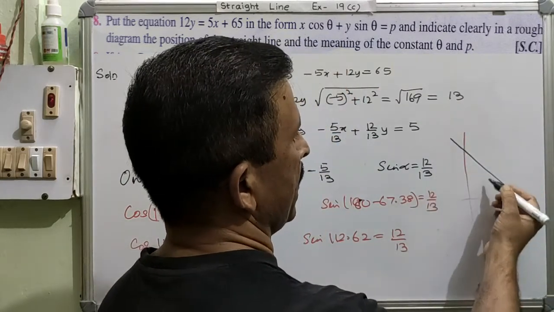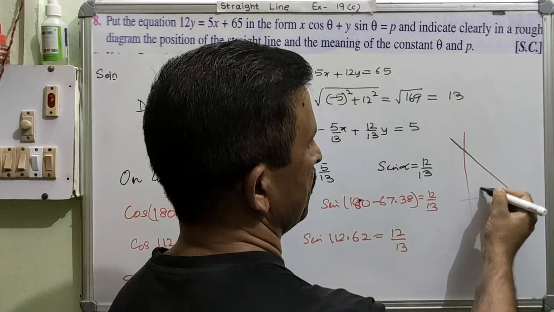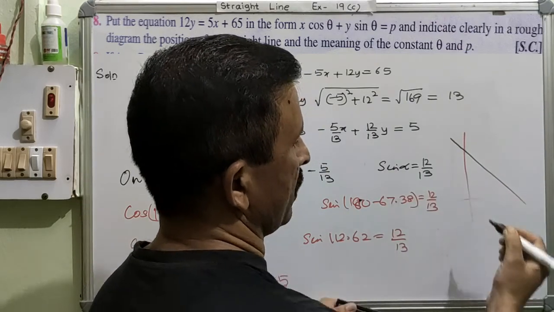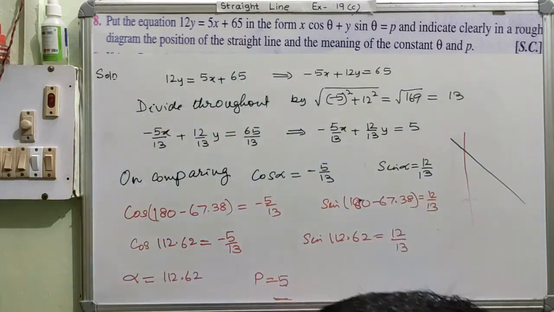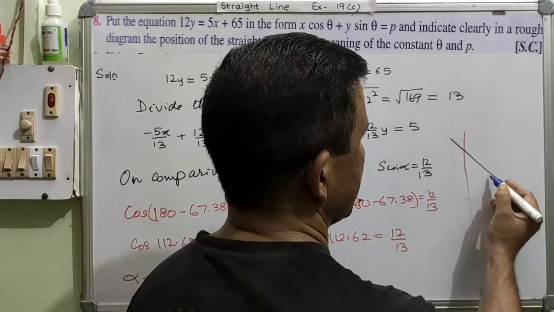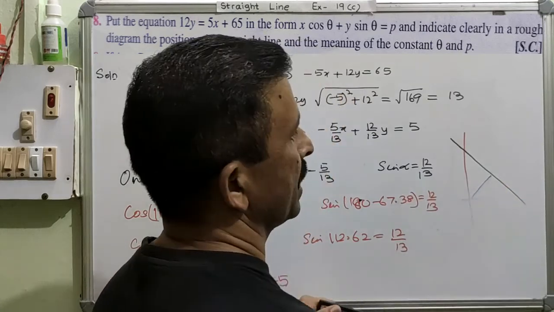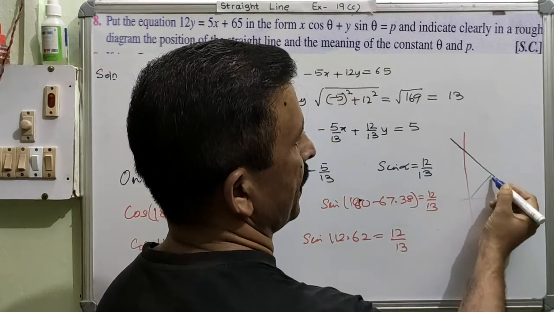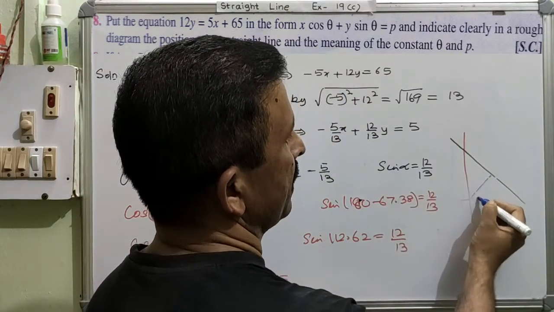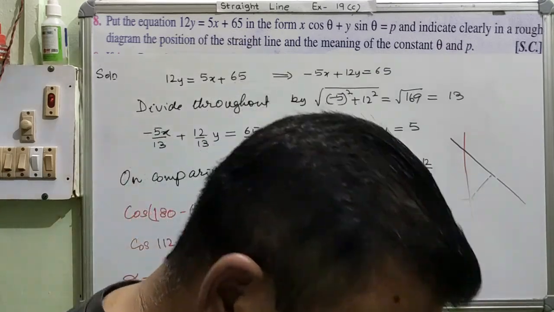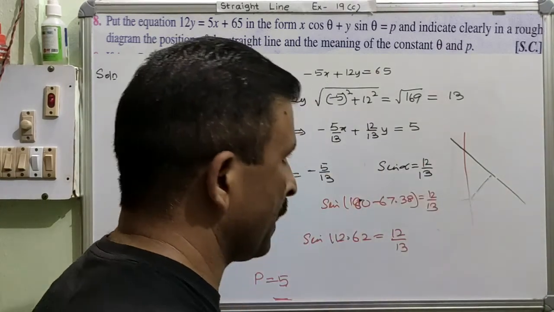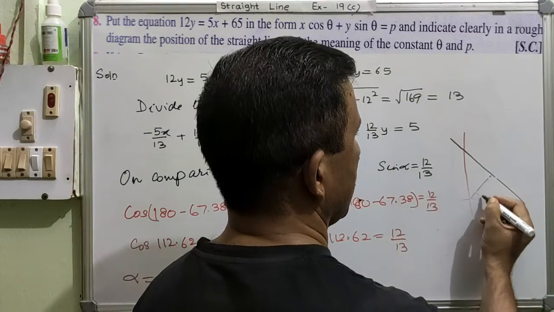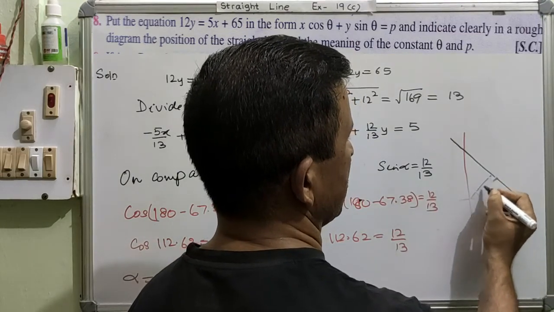And then the perpendicular distance from the origin to this line is this. We can mark the perpendicular here, and then this is the angle alpha. So this is your angle alpha and this is your perpendicular. Hope it is clear, right?